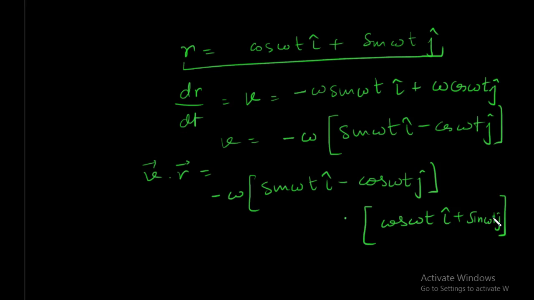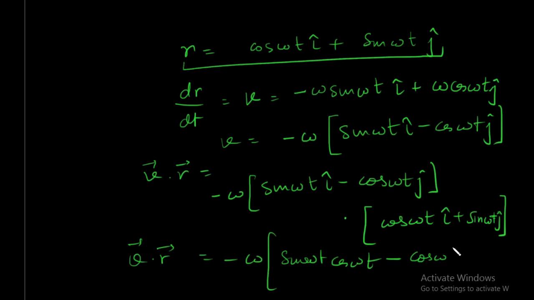Just I dot I is 1, sine omega t into cos omega t. So v dot r would be equal to minus omega whole sine omega t cos omega t. Now I dot j is 0, j dot I is again 0, minus cos omega t sine omega t. This cancels out, hence we see that v dot r equals 0.